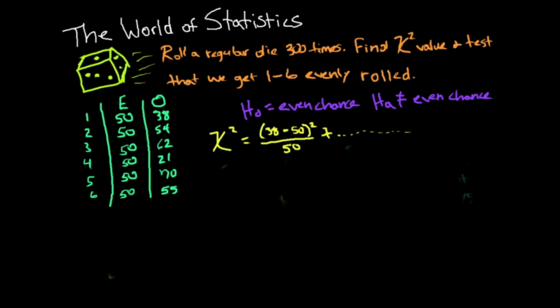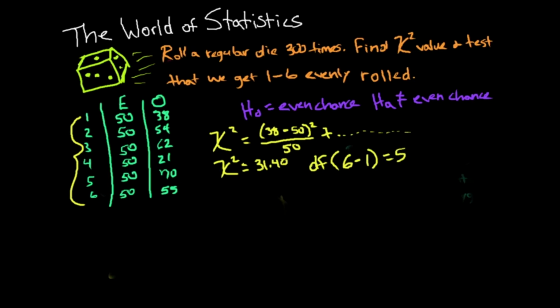I've already calculated this ahead of time. This gives us a chi-squared value of 31.40. So that is our chi-squared value. And we have degrees of freedom, which is 6 numbers on our left-hand side. So it's 6 minus 1, which is equal to 5.